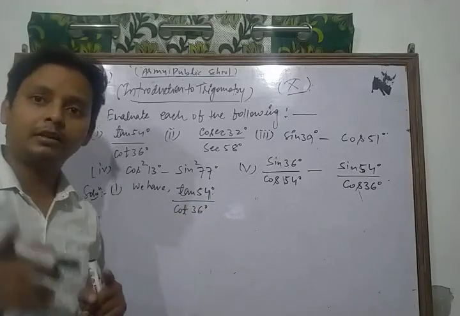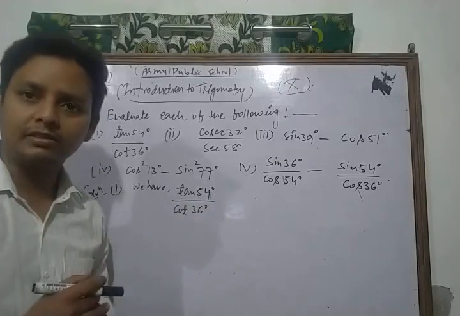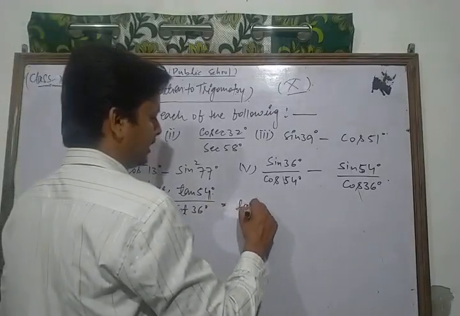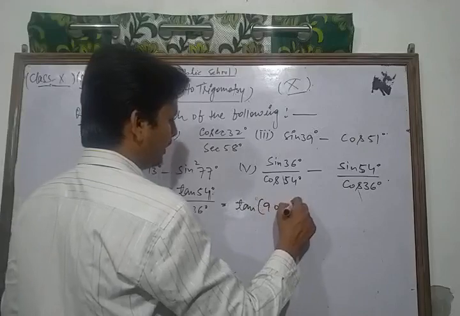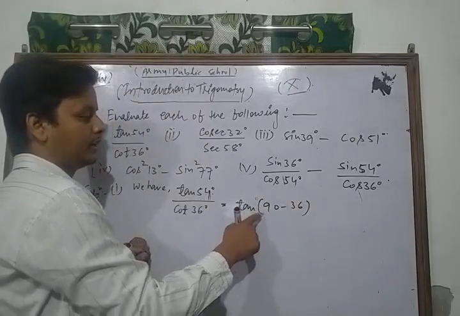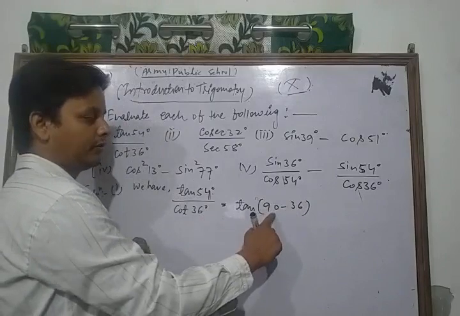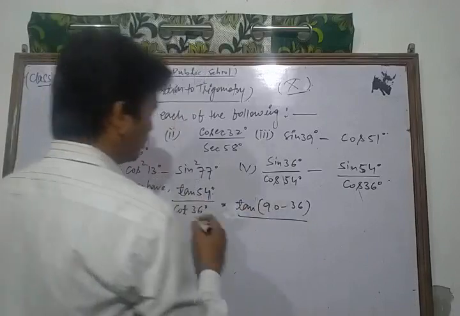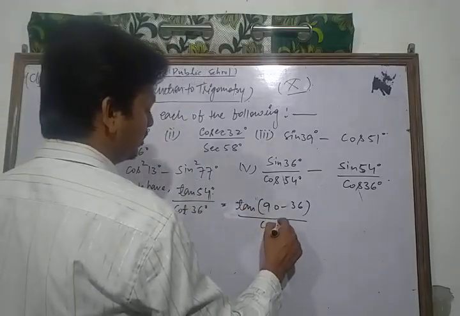So here we apply the concept of complementary angles. We can write tan 54 as tan 90 minus 36, because if we subtract them, we get 54. And we write cot 36 degree as it is.